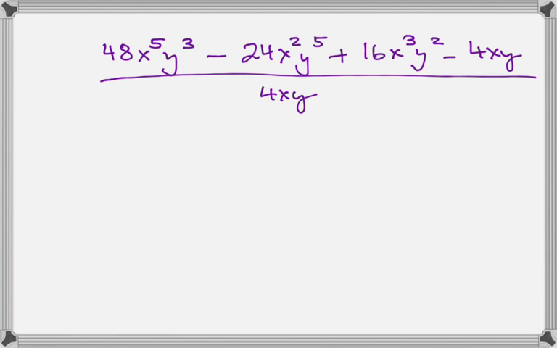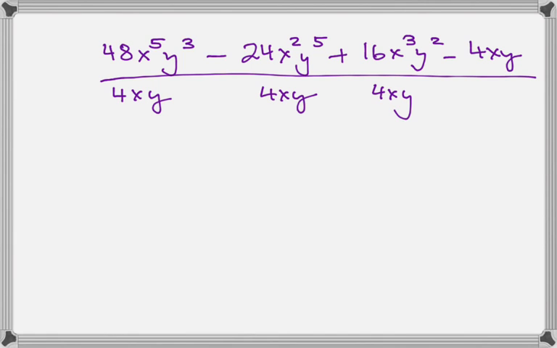So we have a polynomial in the numerator, and we're dividing this by a monomial. I'm going to divide everything by 4xy.